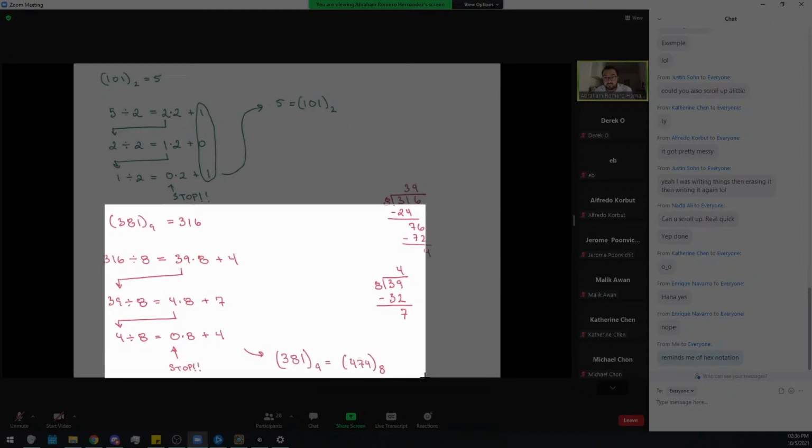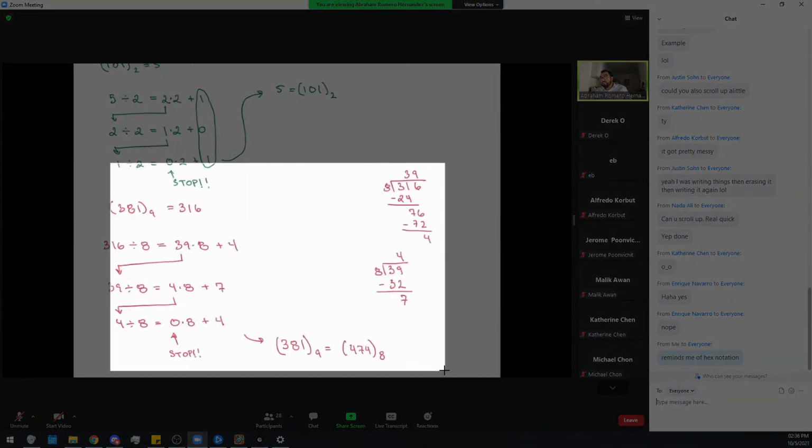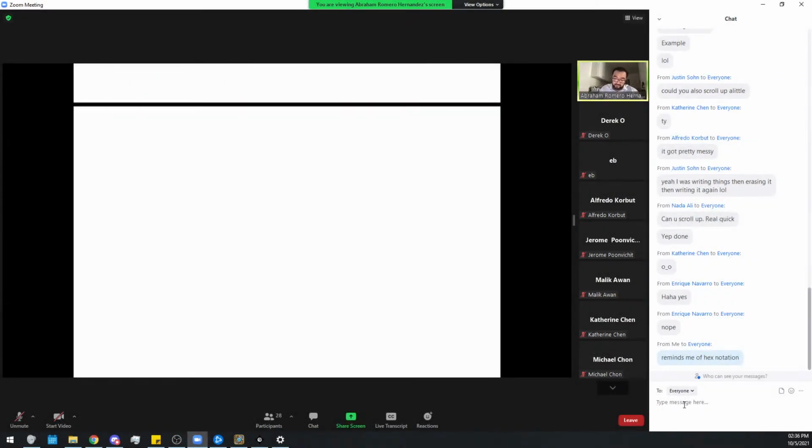Now, in your book, they will be talking about the main four types of notations that the computer uses. We're going to talk about binary. Binary is just zeros and ones.